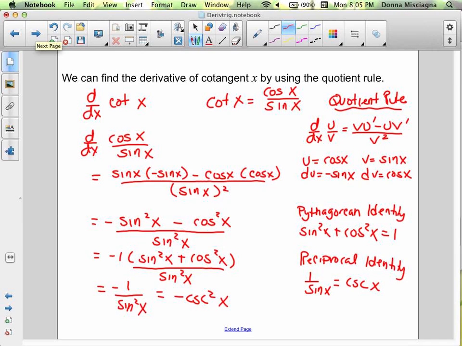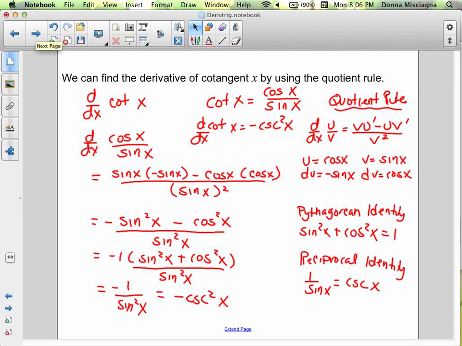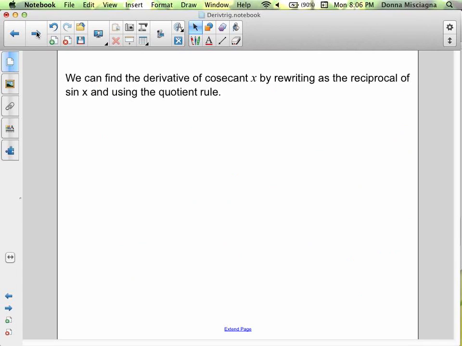And we have now found our second derivative. The derivative of cotangent x is equal to negative cosecant squared x. That kind of makes sense, since the derivative of tangent x was secant squared x. So we've derived our second trig derivative of the four.